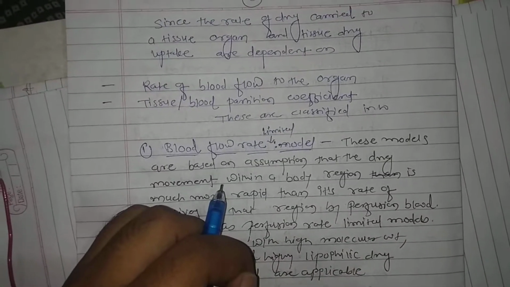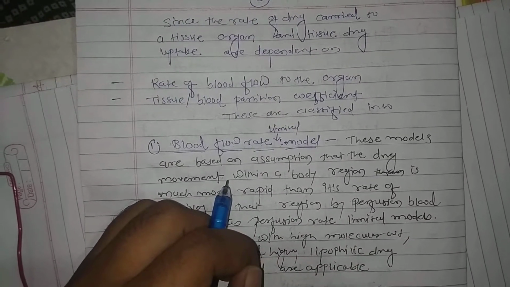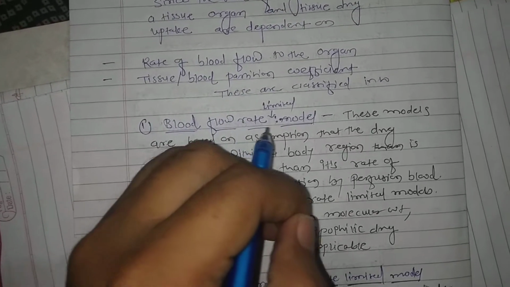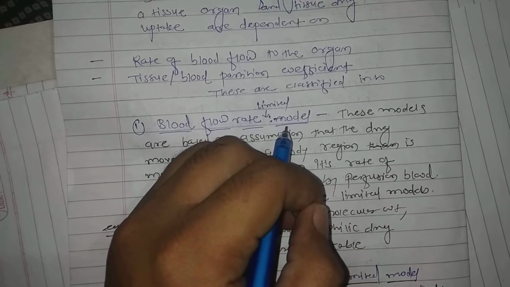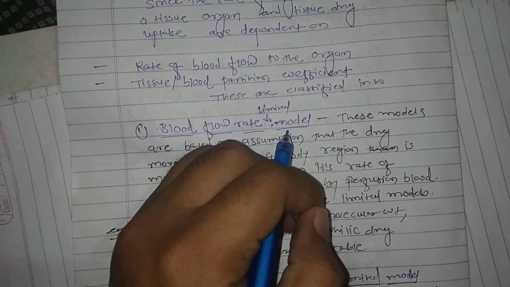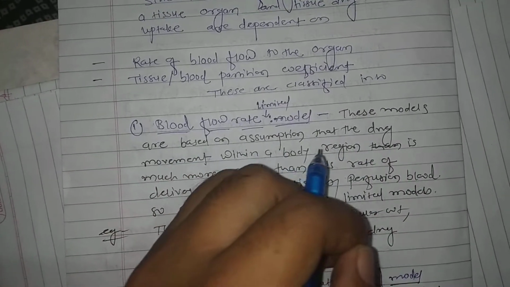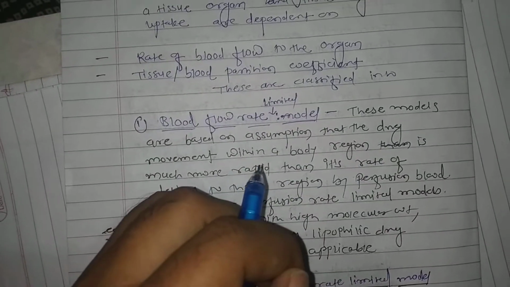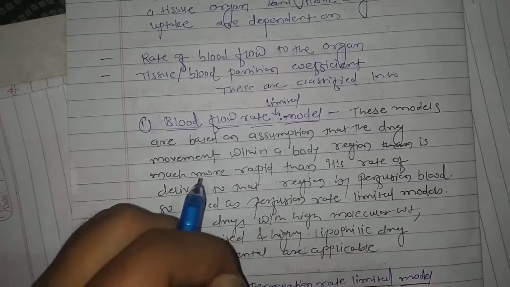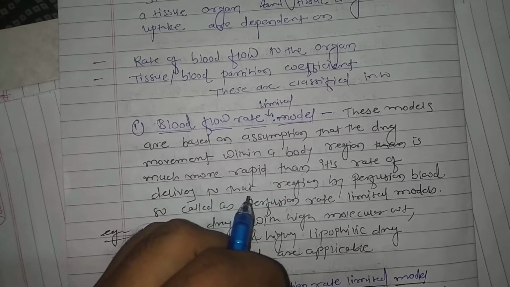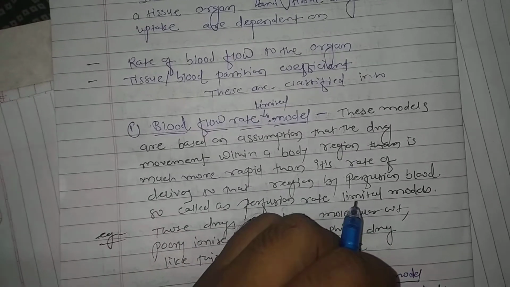So these physiological models are again categorized into two types. First is the blood flow rate limited model, means which is totally limited or restricted to the blood flow rate. These models are based upon the assumption that drug movement within a body region is much more rapid than its rate of delivery to that region by perfusion blood.